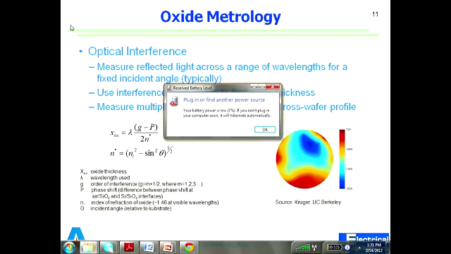Depending upon this thickness, because this is the additional distance that this wave has traveled. This is the additional distance that this wave has traveled. This additional distance is related to the thickness of the oxide. So the thicker the oxide, the more distance it needs to go. So it means that first order, second order, third order, we will be having constructive interferences, and we will be having destructive interference as well.